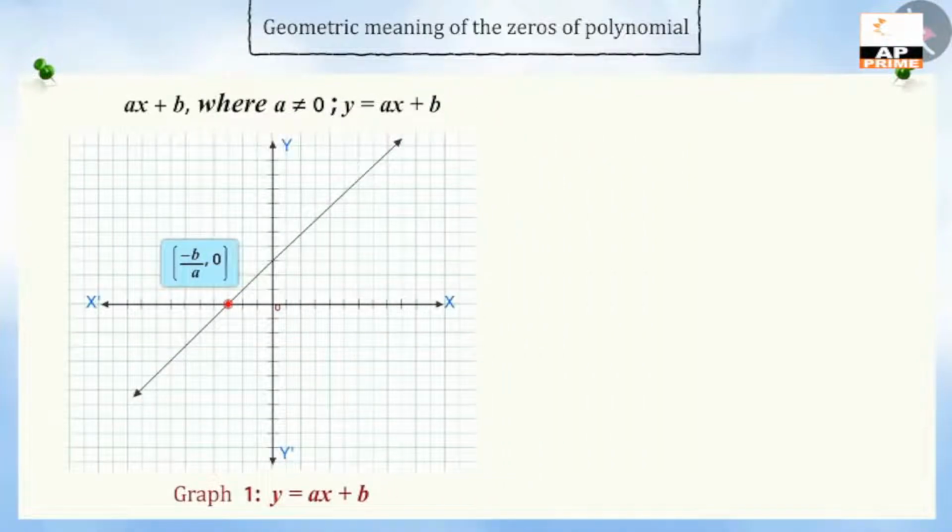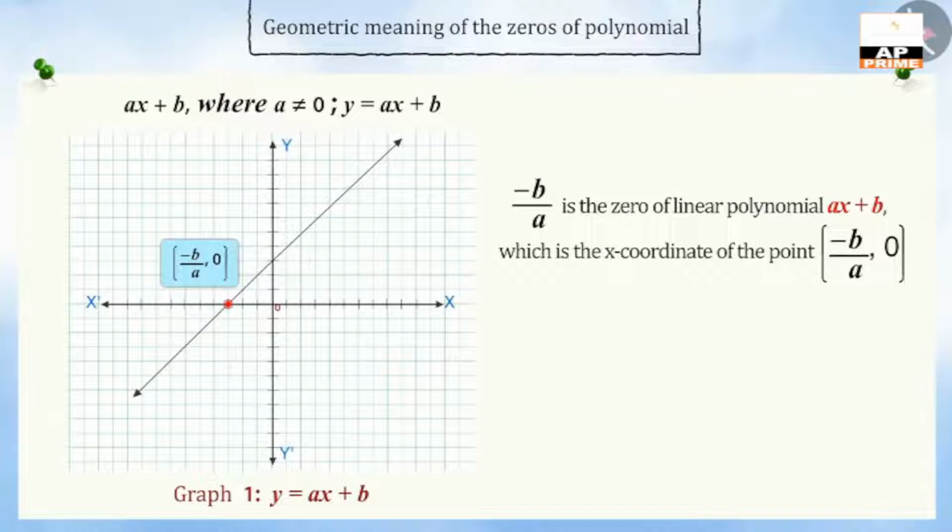This gives us the conclusion that the linear polynomial ax plus b has one zero, minus b by a, which is the x-coordinate of the point (minus b by a, 0).